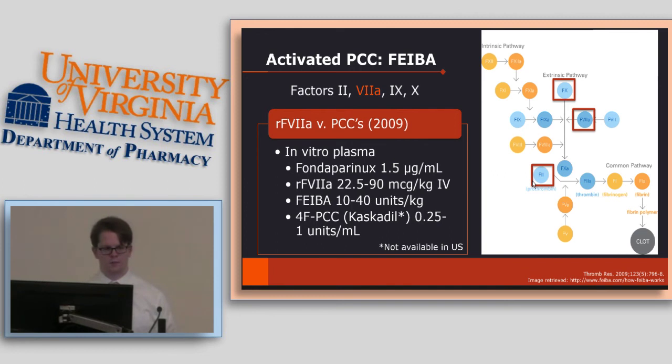With the PCCs, the theory in mind being that the factor 10 content and the activated factor 7 content of FEIBA would again be able to overcome the factor 10 inhibition and drive forward that prothrombinase complex formation, leading to reversal of our indirect thrombin inhibition and fibrinolytic activity.